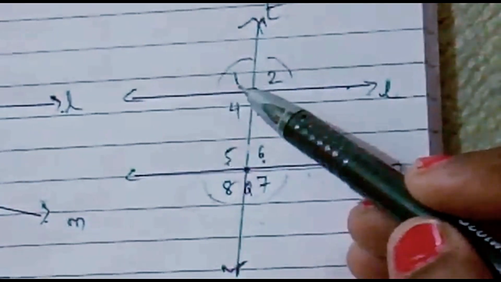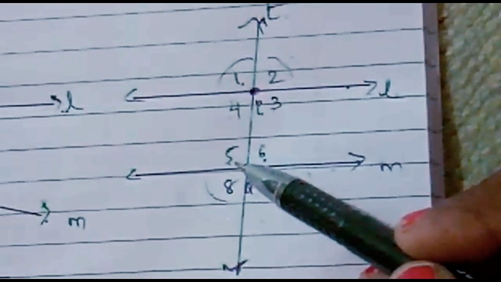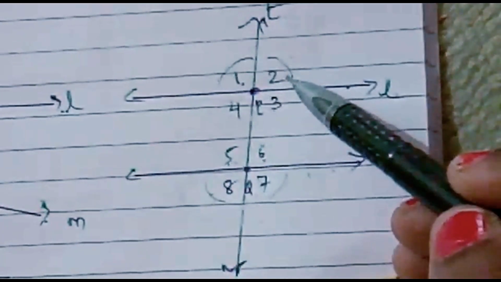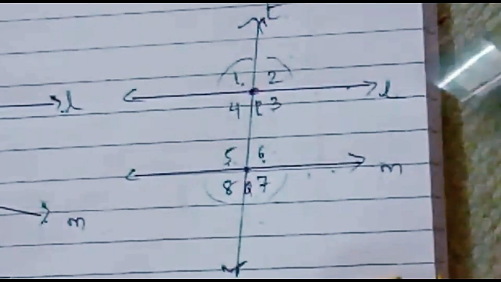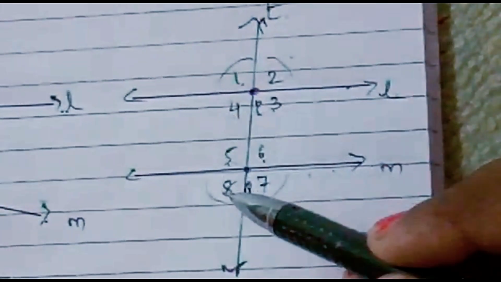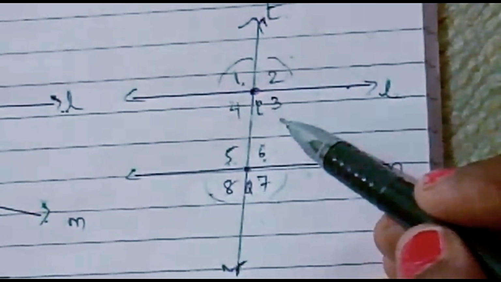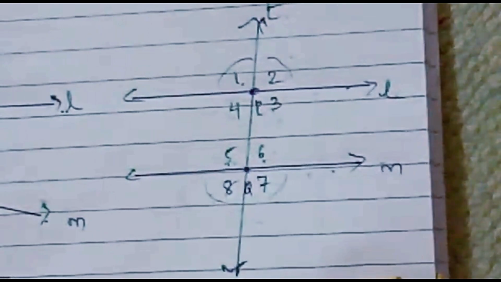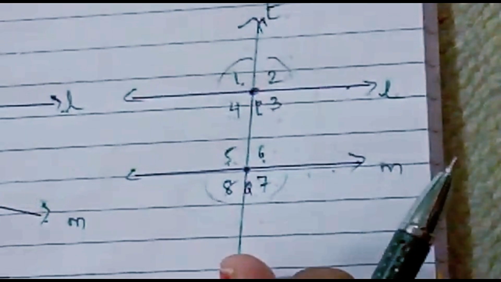For example, 1 and 5 are corresponding angles. 2 and 6 are also corresponding angles. 4 and 8 are corresponding angles, and 3 and 7 are also corresponding angles. This means whenever we have two lines parallel with a transversal, we get 4 pairs of corresponding angles.